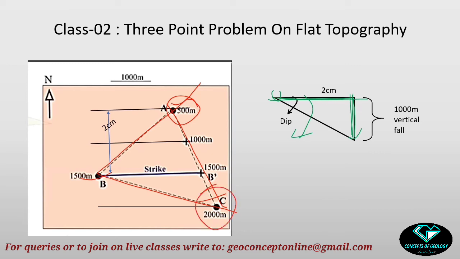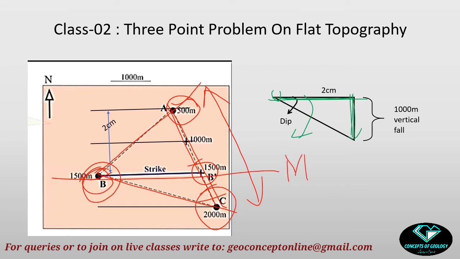I have to graduate this side in such a manner that I can get the other point value on this line. Then I will join this same value with a line. This line will be the map strike line. Fine. After having one map strike line, we can draw the other map strike line also. All the strike lines will be parallel.